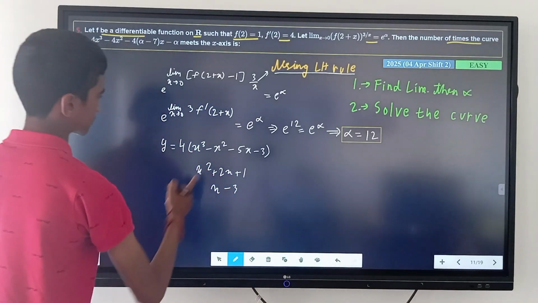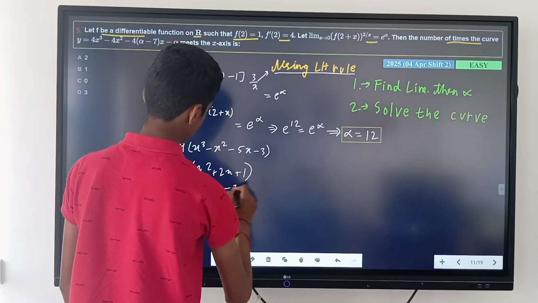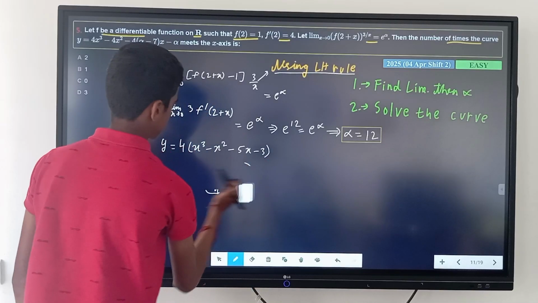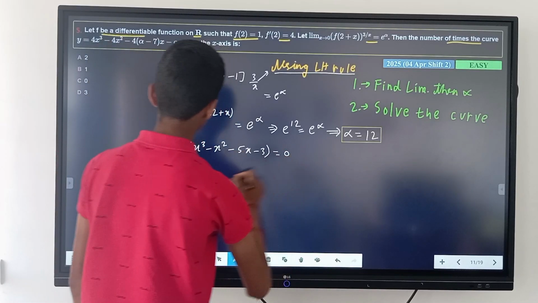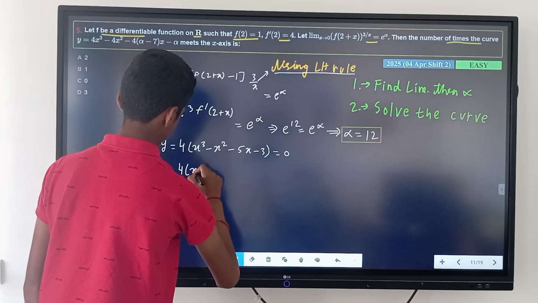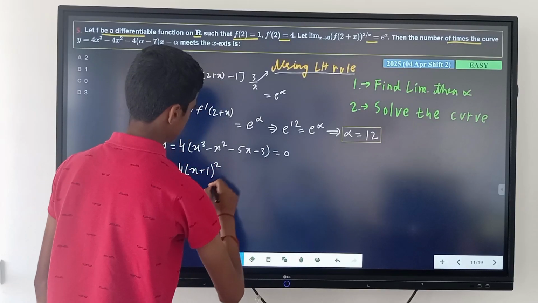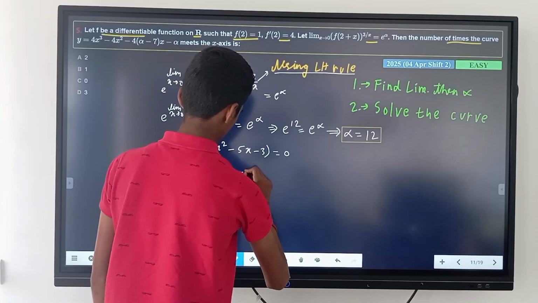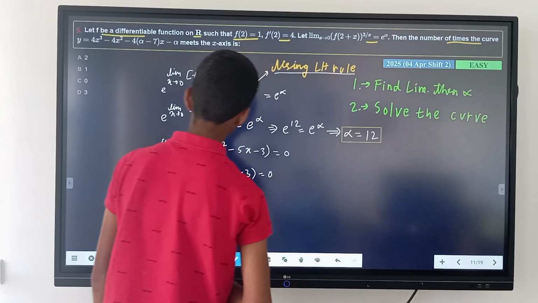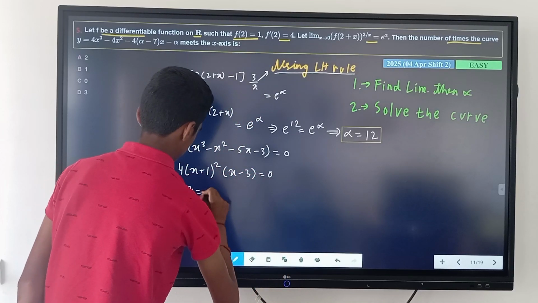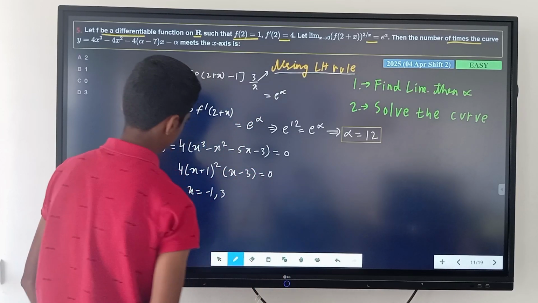Yes, we can separate this cubic equation like this. So further, this is equal to 0. 4 times x plus 1 whole square into x minus 3 is equal to 0. From here we will get x is equal to minus 1 comma 3.